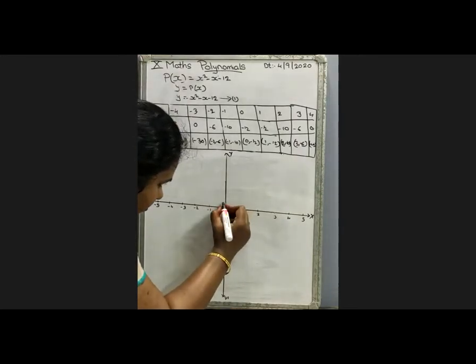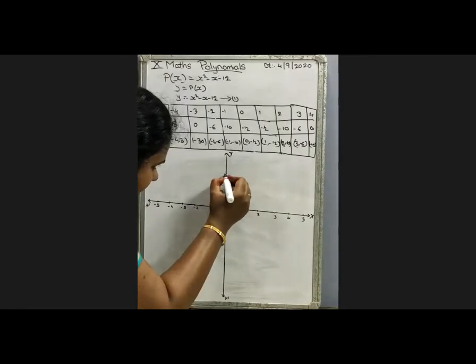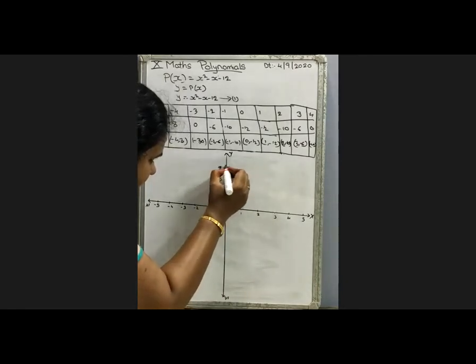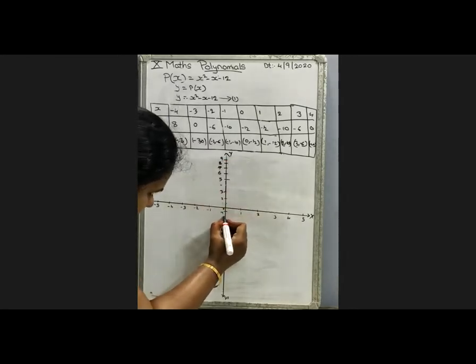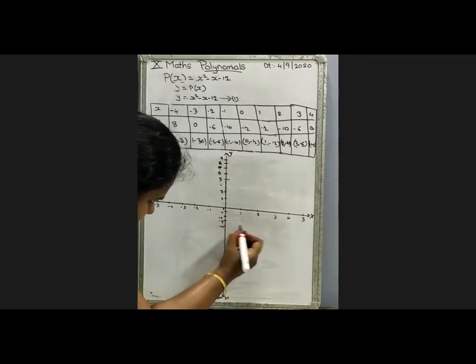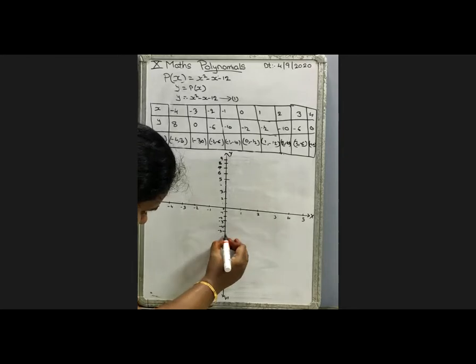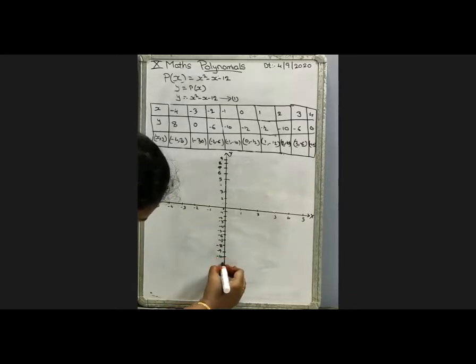1, 2, 3, 4, 5, 6, 7, 8, 9. Here -1, -2, -3, -4, -5, -6, -7, -8, -9, -10, -11, -12.